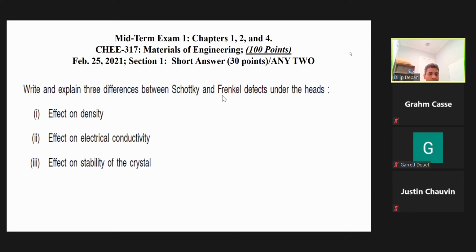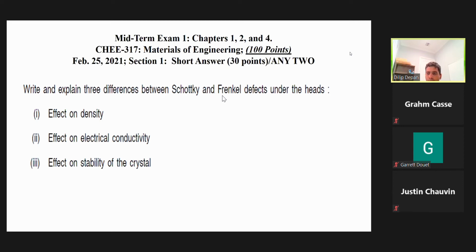Okay, effect on stability of the crystal. What do you think? Which defect will destabilize the crystal? Anyone? These types of questions definitely evaluate your critical understanding. You need to think very, very critically.